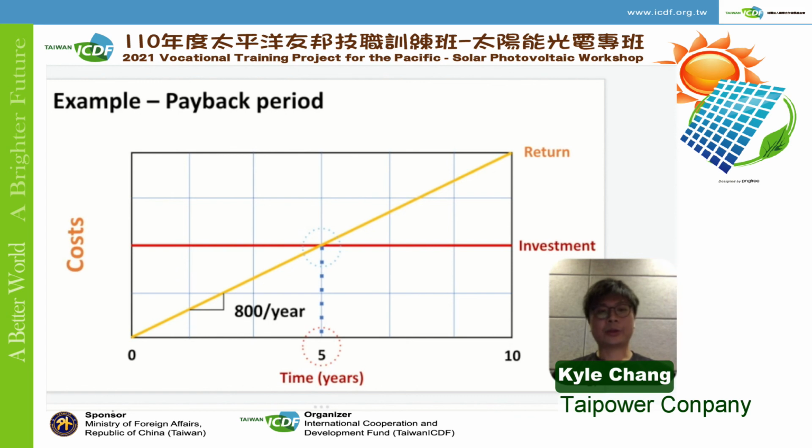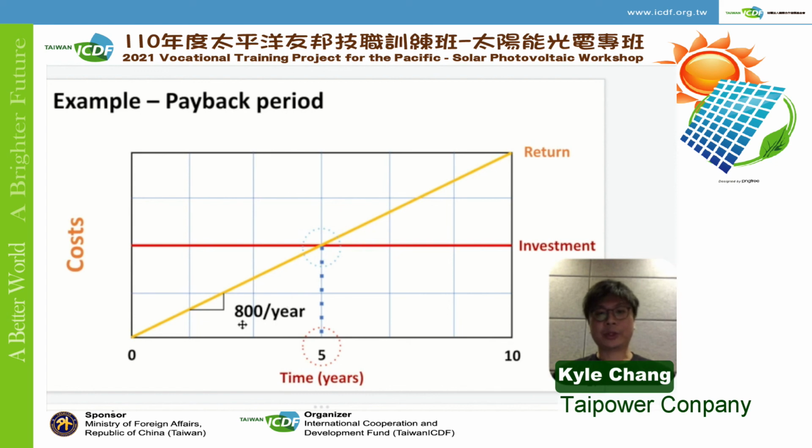As the house owner uses more of the power produced by the PV system, it offsets the electricity bill accordingly. In our example, the saving is $800 per year. In other words, the house owner earns a return of $800 per year on their investment.